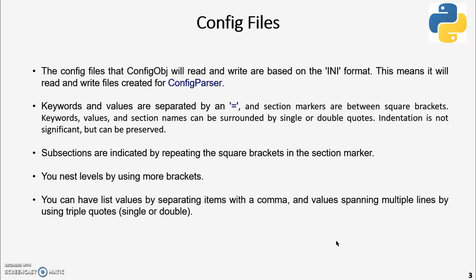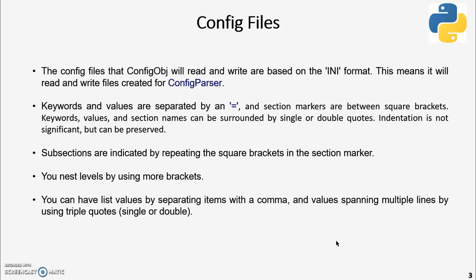Keywords and values are separated by an equal to sign, and section markers are between square brackets. Keywords, values, and section names can be surrounded by single or double quotes. Indentation is not significant but can be preserved. That is a very important point.